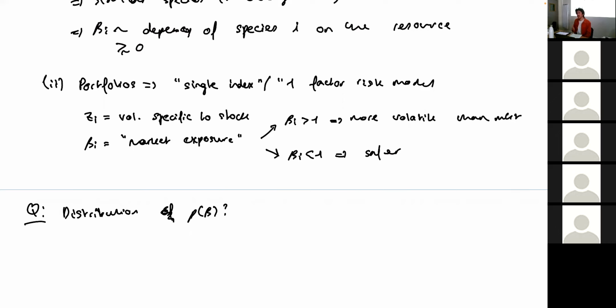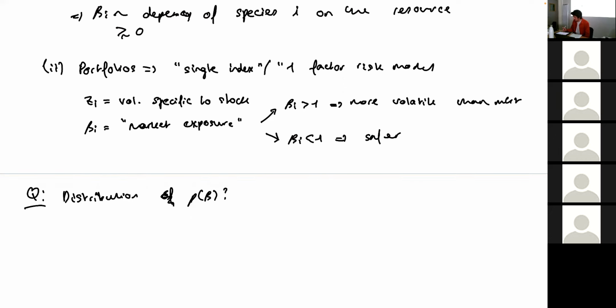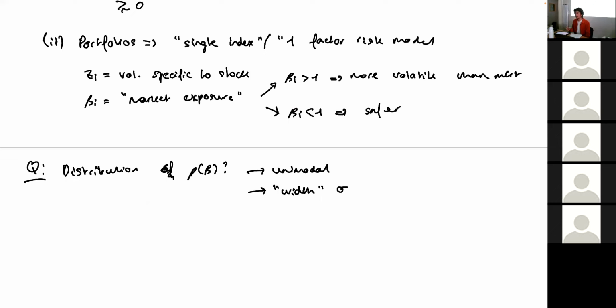So we're going to take it to be unimodal. Usually we'll take this value to be greater than 0. And we'll also indicate that it has a width, which we'll write sigma.